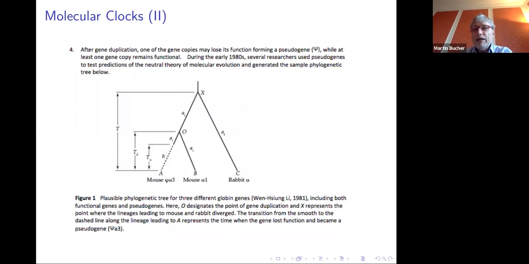So here is a tree of species, and you see this kind of divergence. The horizontal extent is just so that things are separated, but this is the time axis.